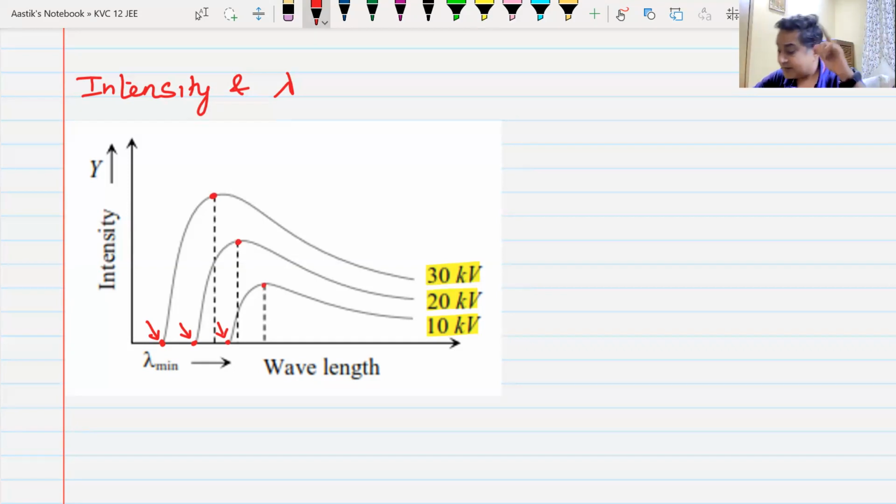That means this continuous X-ray has all wavelengths possible above a minimum wavelength, but one particular wavelength will have maximum intensity, and that is how it varies. Do we understand this?